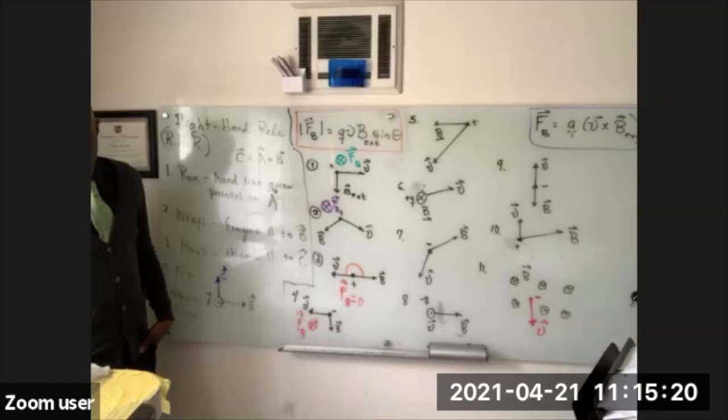So if you orient your arm parallel to V and wrap it in the direction of the magnetic force, it should be pointing towards you. Can you turn on your camera real quick and let me see what you're doing?